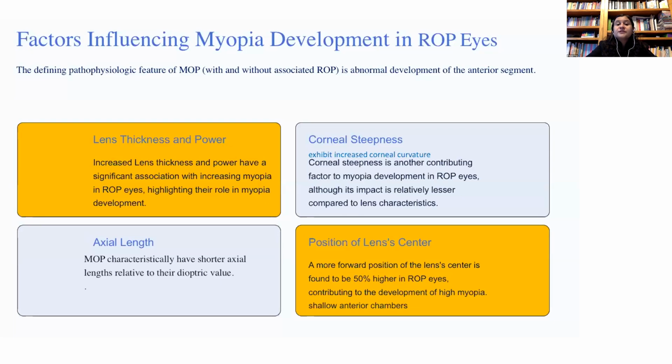These patients have increased corneal curvature and steepness, and axial length is shorter compared to axial myopia. If you see the position of the lens center, there's a more forward position of the lens center, 50% higher in ROP eyes, which contributes to the development of high myopia with shallow anterior chamber.